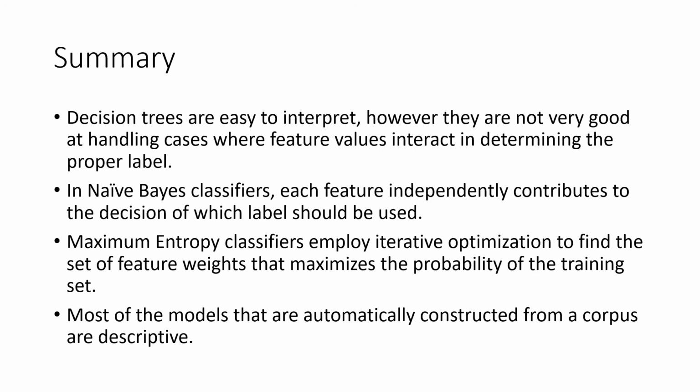This allows feature values to interact, but can be problematic when 2 or more features are highly correlated with one another. Maximum entropy classifiers use a basic model that is similar to the model used by Naive Bayes. However, they employ iterative optimization to find the set of feature weights that maximizes the probability of the training set.